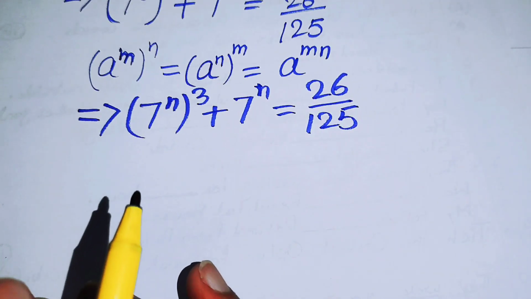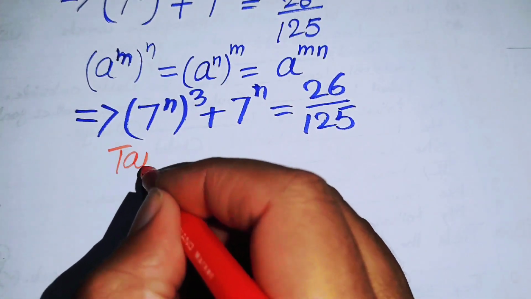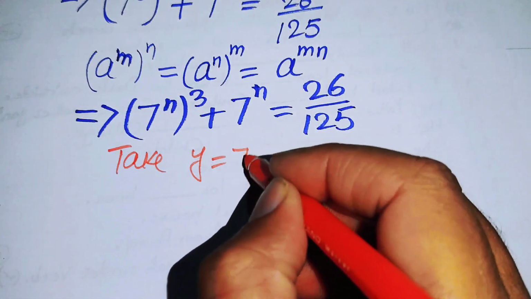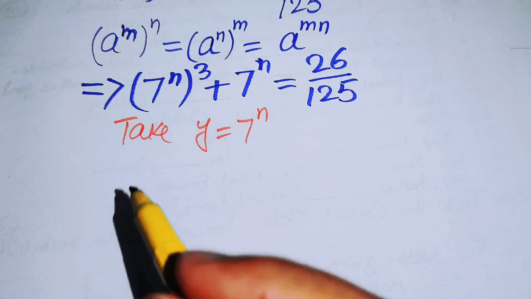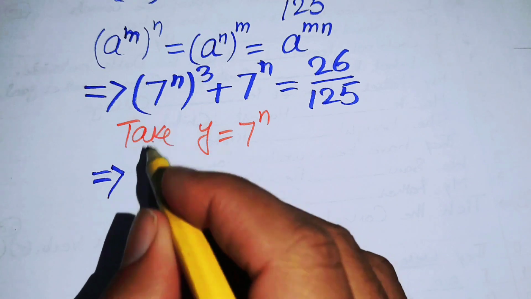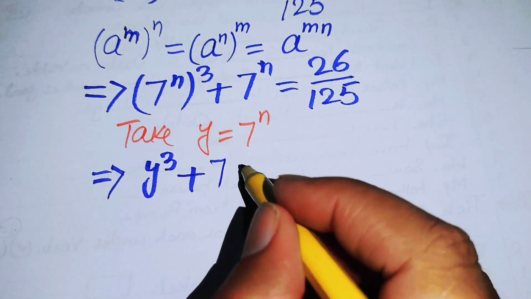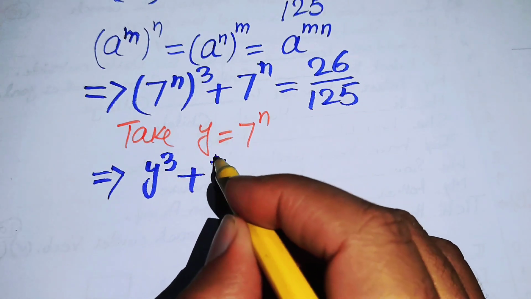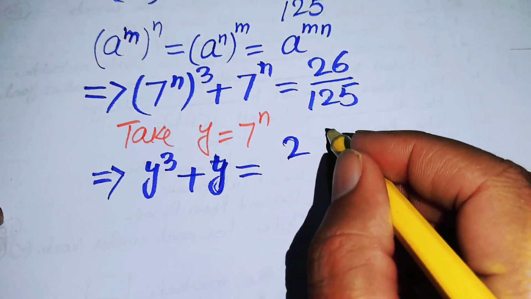So now in the next step we will convert this exponential equation into the cubic form, so here we will take y equals 7 to the power of n. When you put y equals 7 to the power of n, this equation becomes y cubed plus y equals 26 over 125.